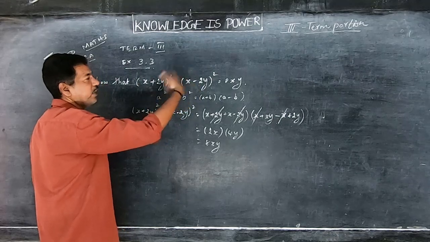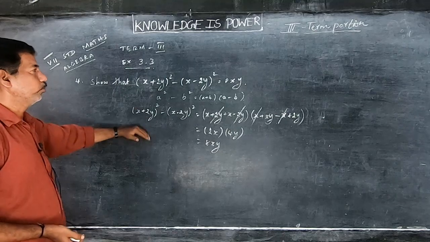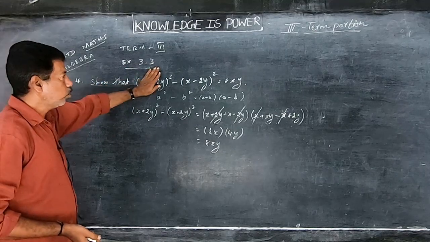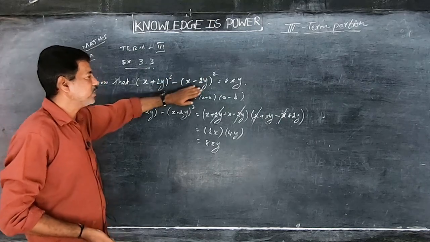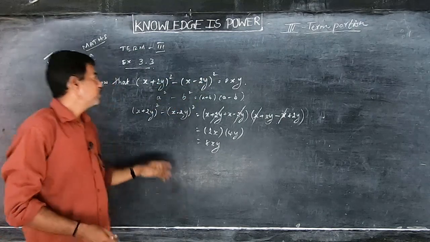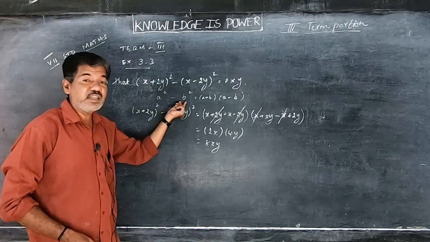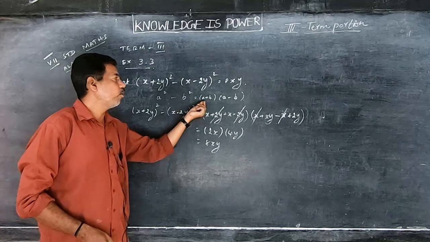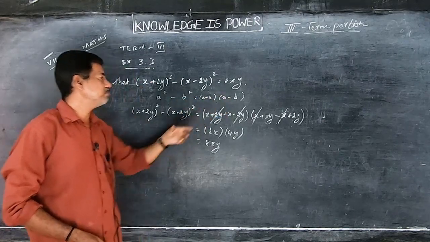So we'll get different answers and solve it. But this will be easy for you. So take this whole thing as a and this whole thing as b. So represent as a square minus b square. You know that formula, a plus b and a minus b.